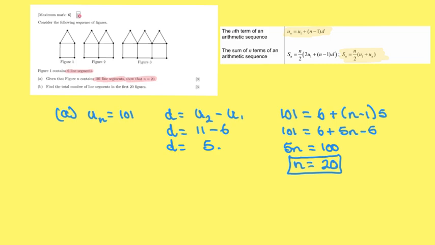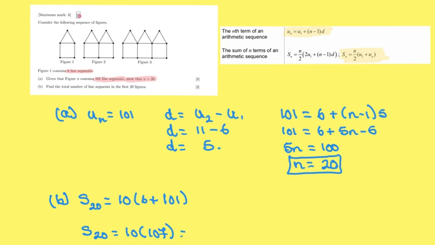So part B. S20 is equal to, there are 20 terms, so 20 divided by 2 is 10, times u1, which is 6, plus u20, which is 101. So S20 is equal to 10 times 107, which equals 1070.